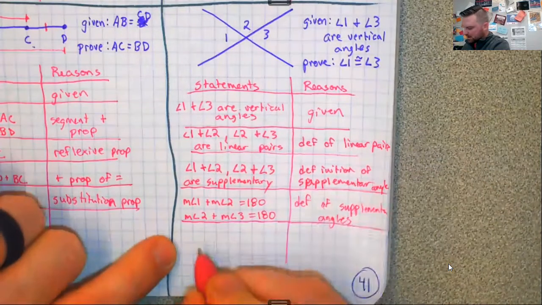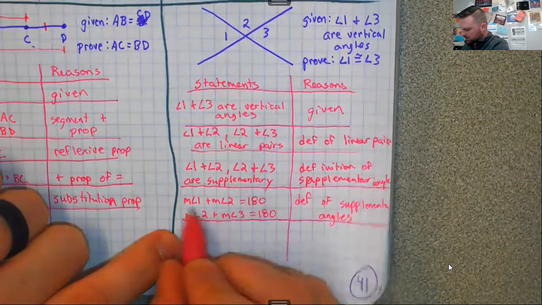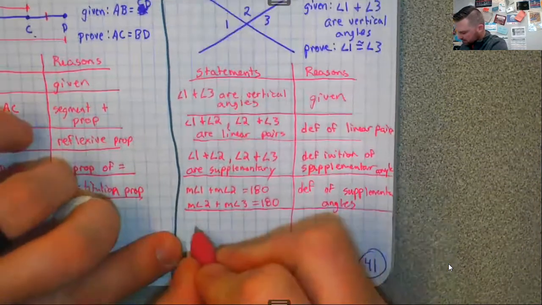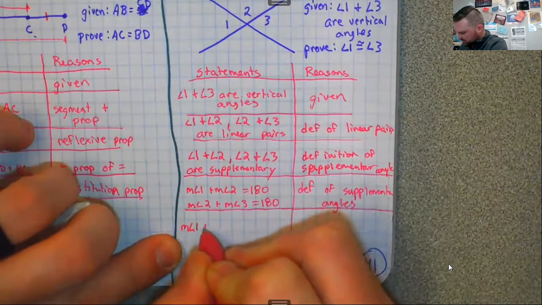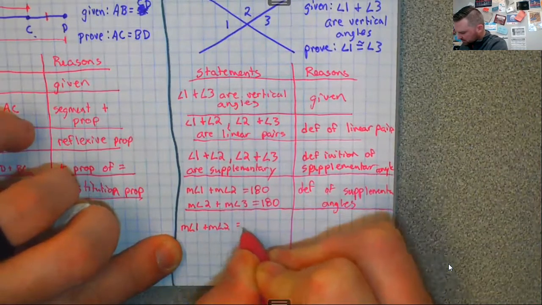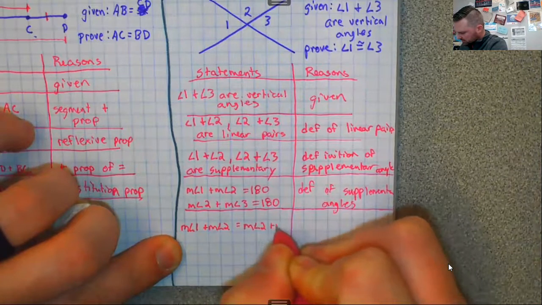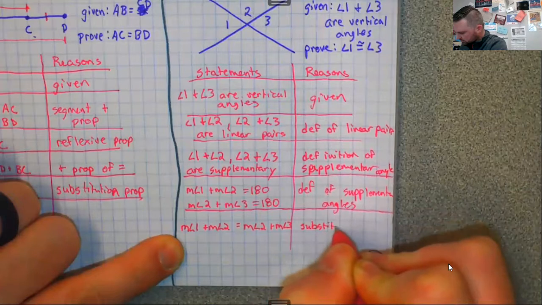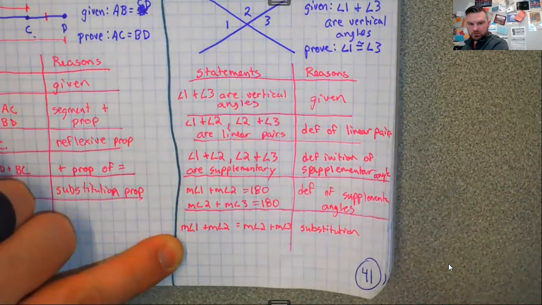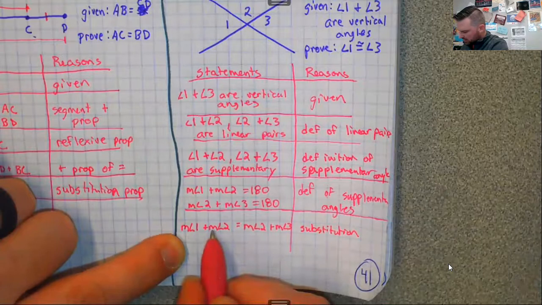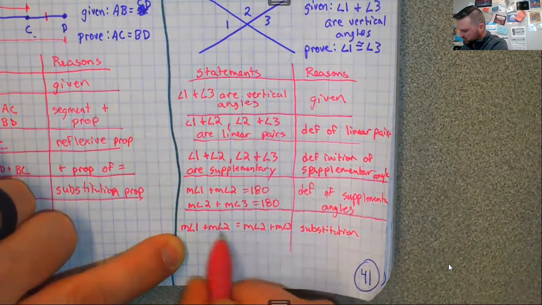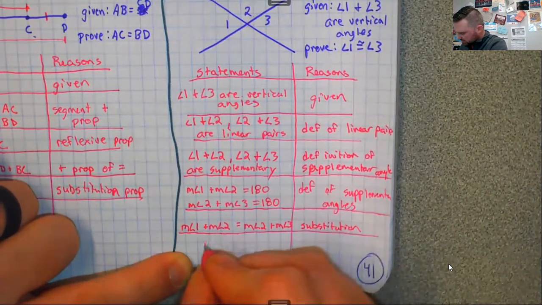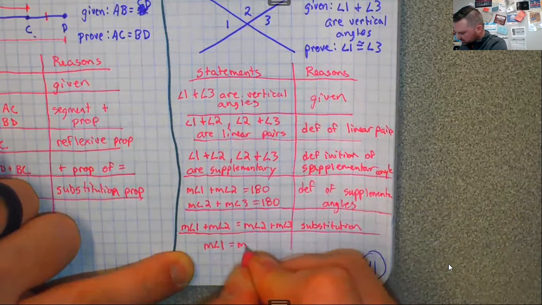And then here I have 180 equals this and 180 equals this. So I'm going to use substitution and make them equal. So the measure of angle 1 plus the measure of angle 2 equals the measure of angle 2 plus the measure of angle 3. That is substitution. And if I subtract angle 2 from both sides, I get the measure of angle 1 equals the measure of angle 3.